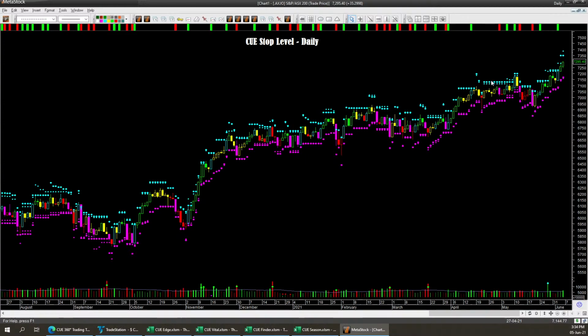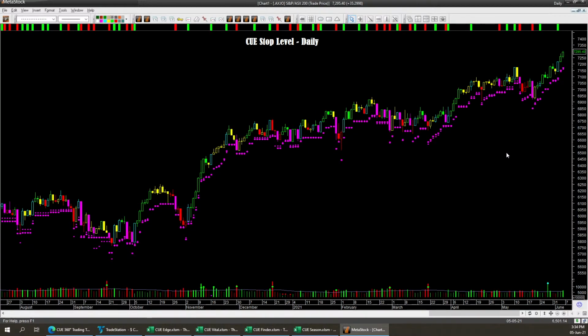Let me see if I can remove the cyan dots, which are used for short trade stop. When we enter the trade, which should be at this point using a pullback setup, our stop is just below the recent low, but not right below the low, which would be here.